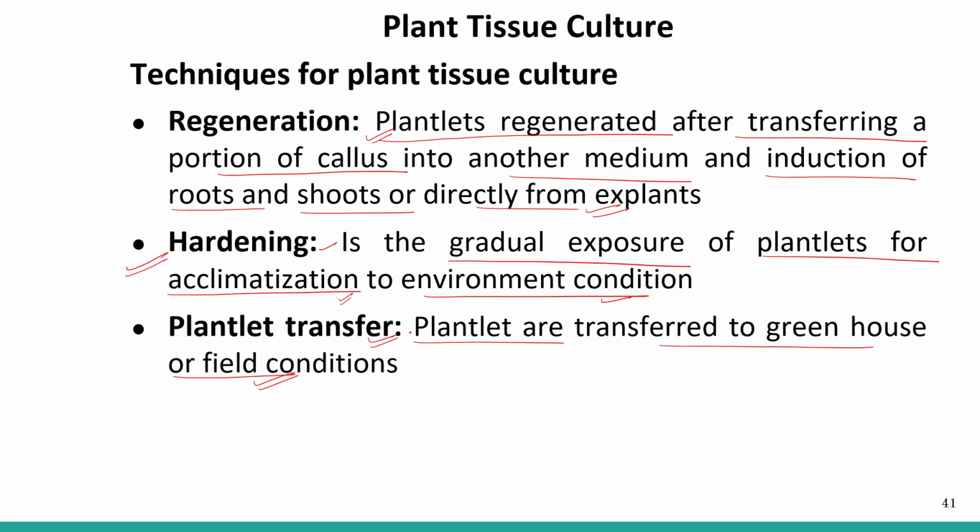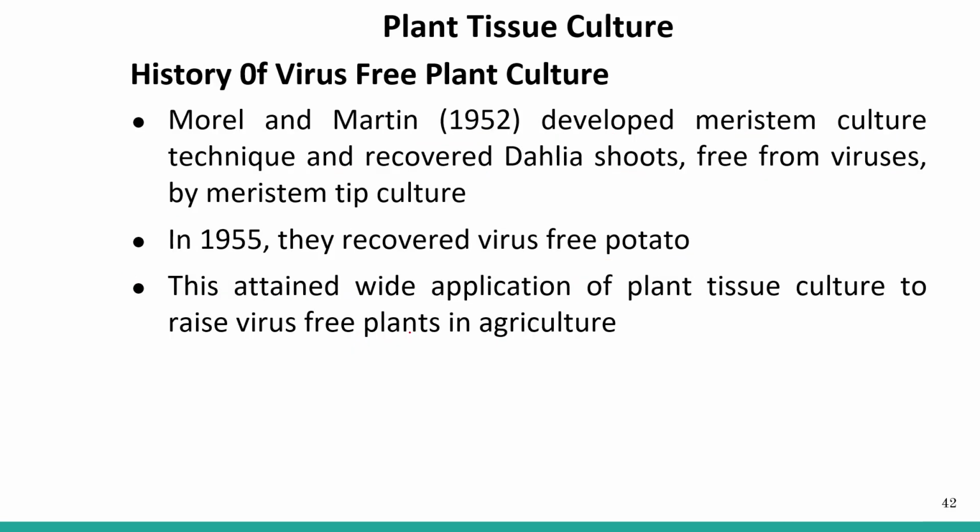So these are some of the techniques for plant tissue culture. History of virus-free plant culture. Morel and Martin, in 1952, developed a meristem culture technique and recovered a dahlia shoot free from viruses by meristem tip culture. In 1955, they recovered virus-free potato. So we can get rid of fungi, algae, bacteria and even viruses.